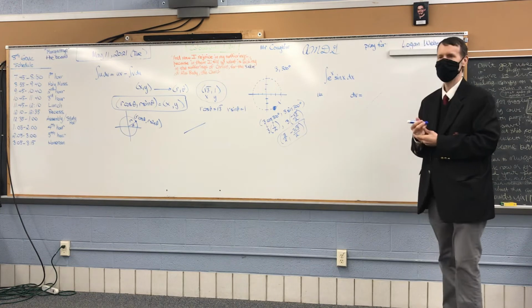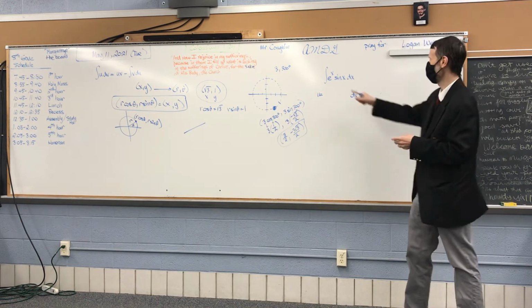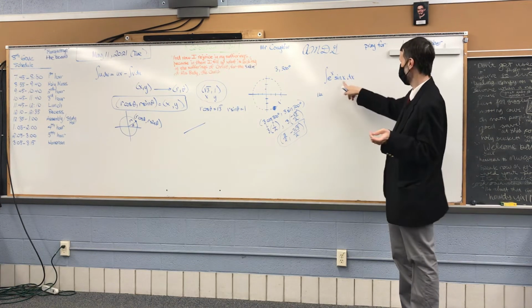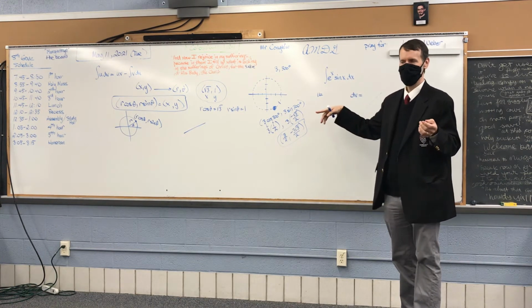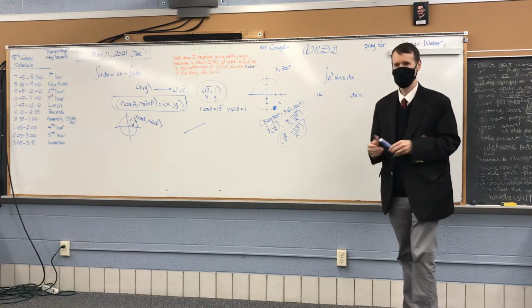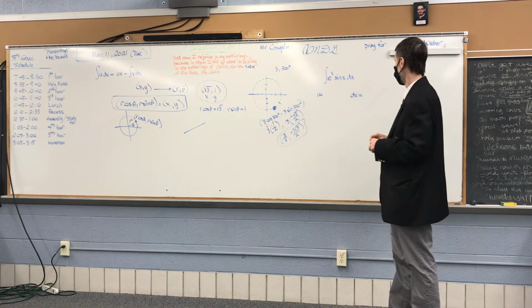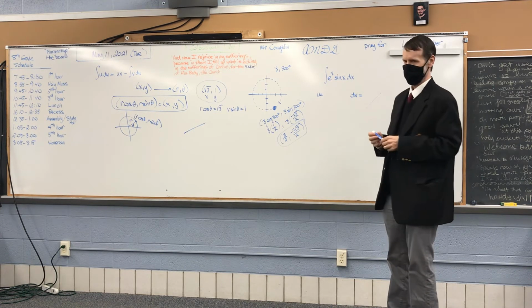You can kind of do either or here. Do you notice that the derivative of e to the x is e to the x, nice and easy? What's the derivative of sine? Cosine, that's almost as easy. So you can kind of take your pick here, whichever one you think is easier.